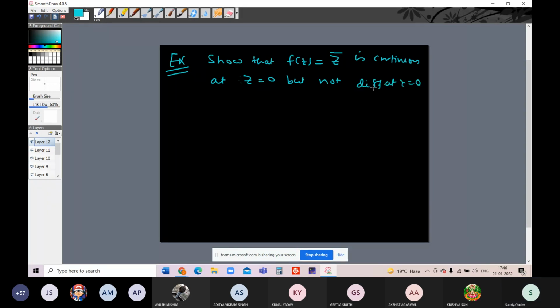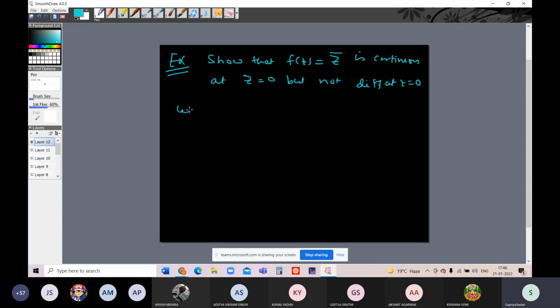The example is to show that the function f(z) equal to z bar is continuous at 0 but not differentiable at z equal to 0.